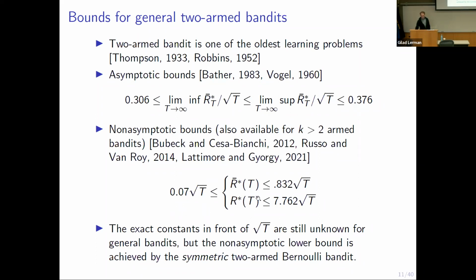The exact constants are still unknown, but this lower bound is the only lower bound in the literature for pseudo regret, and therefore for regret by the inequality that we've shown previously, for both the stochastic case where the arms are IID and for adversarial. This is the only explicit lower bound out there. And so we will look at the restriction of that lower bound policy to two arms, which is the symmetric two-arm bandit.